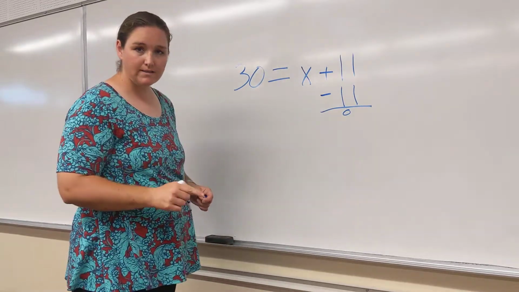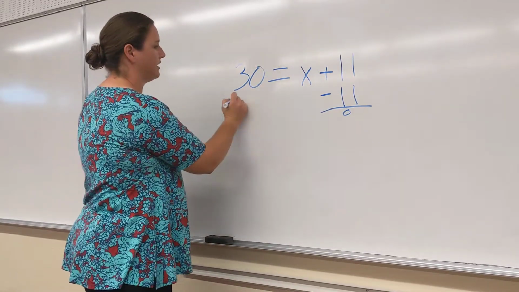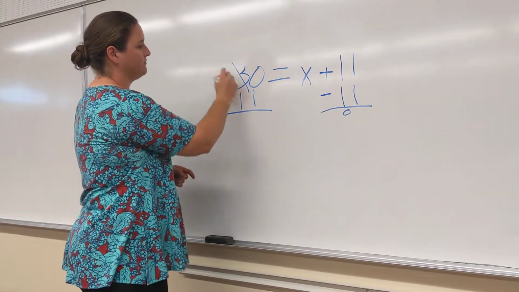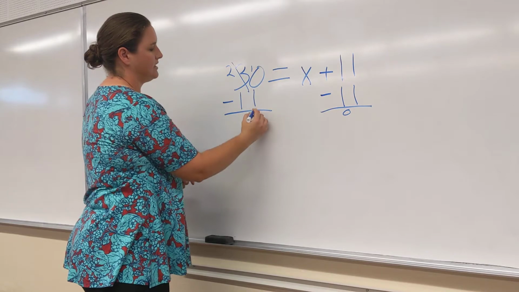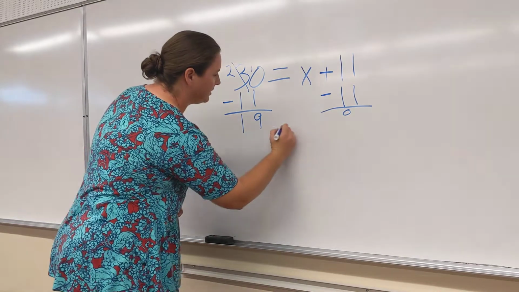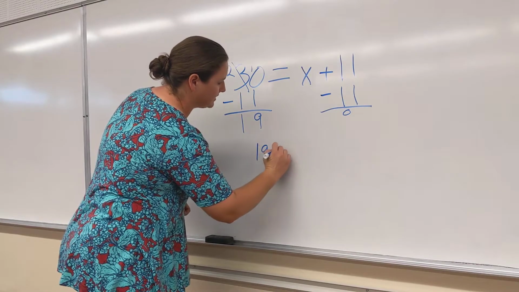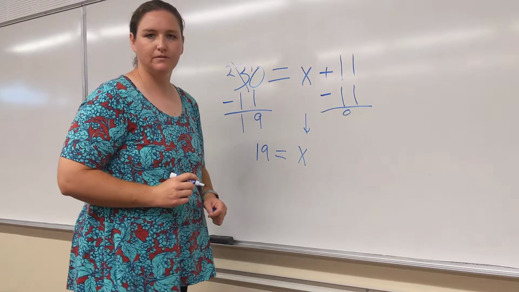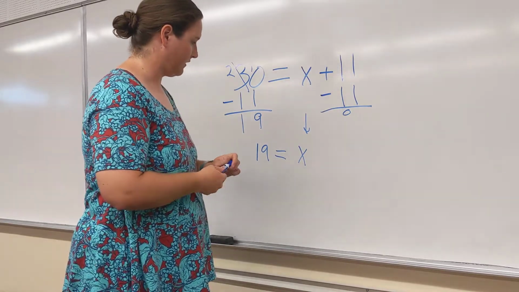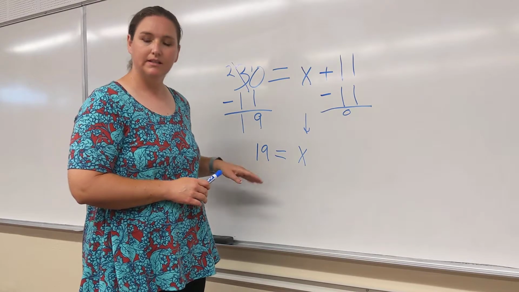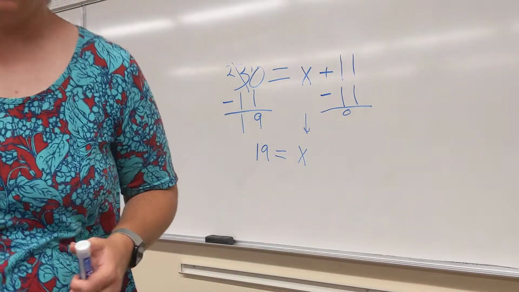But what you do on one side, you also have to do on the other side. 30 minus 11, 10, 9, 19. So here we have 19 is equal to, and we're going to bring this down, X. All right. So what is in our treasure box? 19.